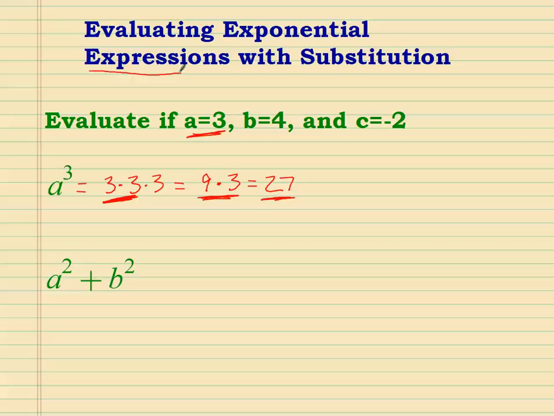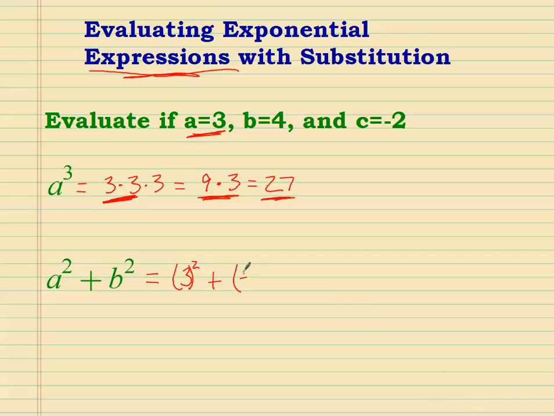Now, an expression is anything that does not contain an equal sign. So this is technically an expression. It has more terms, no equal sign, but we can still evaluate it with substitution. So a squared, or 3 raised to the 2nd power. And when I substitute, I like to put it in parentheses, especially if it's negative, plus b squared.